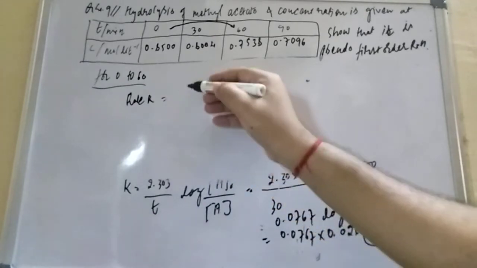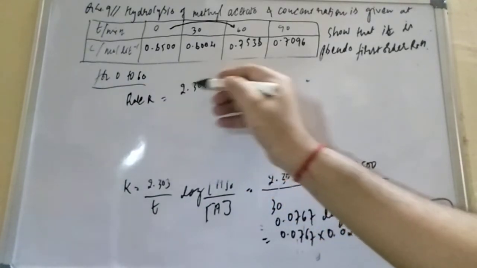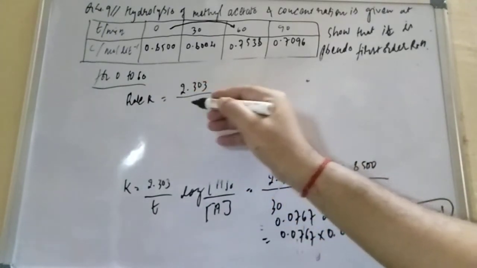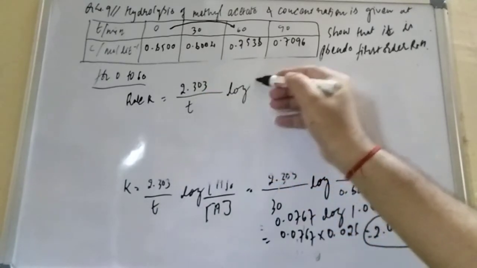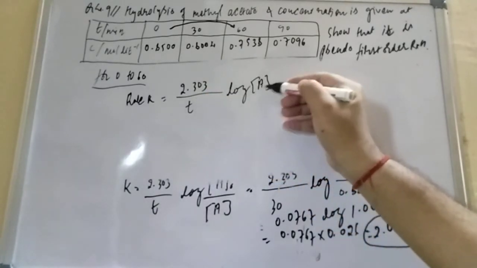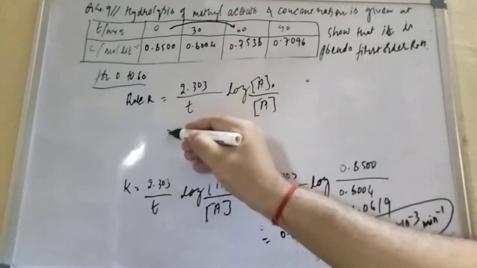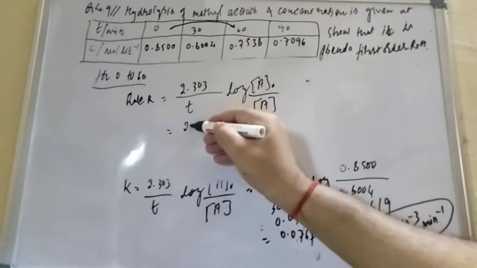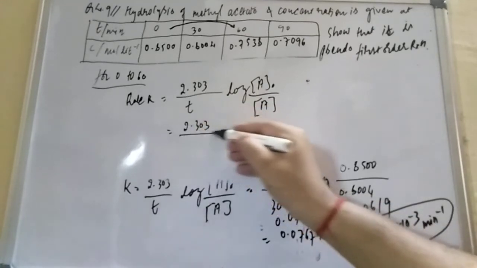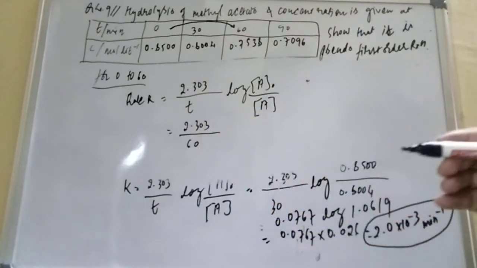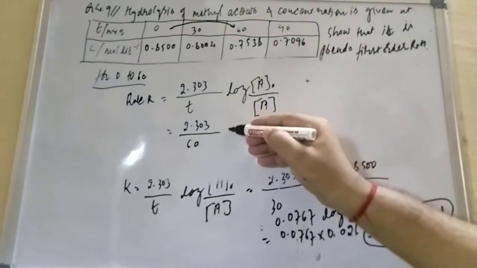K is equal to 2.303 divided by T, and log of A initial upon A final concentration. 2.303, time how much, student? 60.